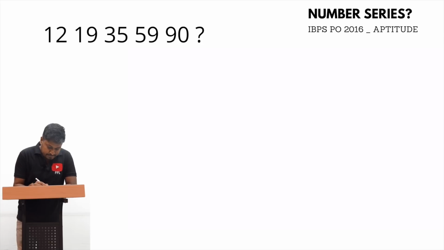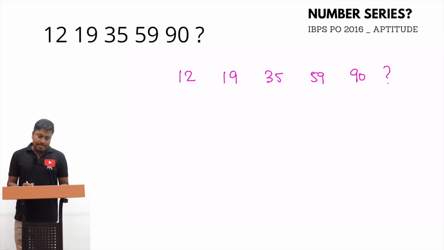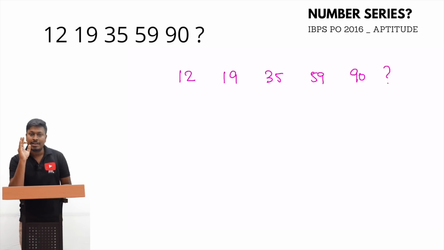So next will be 12, 19, 35, 59, 90 and question mark. Yes. So just see here, starting from number 12 and the fifth number is 90. So according to me, they would have done multiplication, or else they would have just added something, because if the fifth number is 300, 400, 500 etc., then they would have done exactly multiplication.